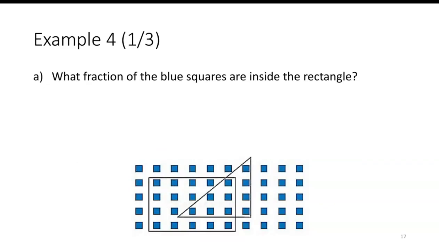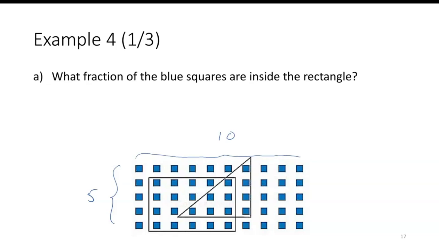Well, here is an array of squares, and a rectangle is drawn around some of them, and a triangle around some of the others. So what fraction of the blue squares are inside the rectangle? To answer that, we need to figure out how many squares there are overall, and then how many squares are in the rectangle. There look to be 5 rows of squares, and then 1, 2, 3, 4, 5, 6, 7, 8, 9, 10 columns.